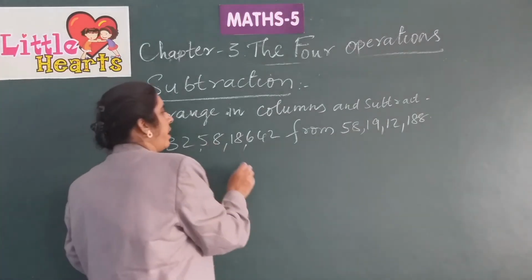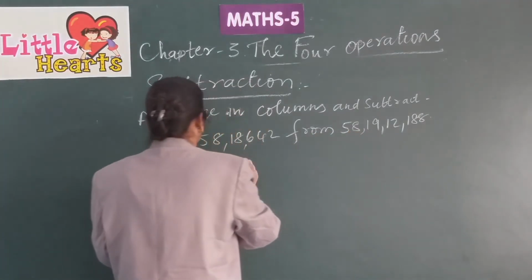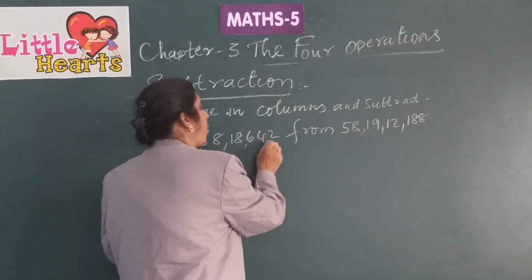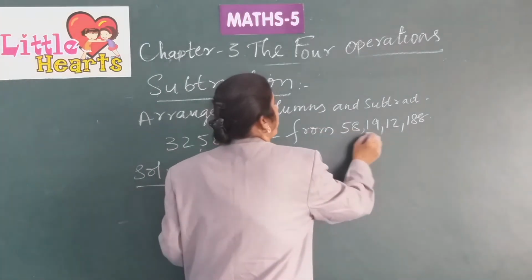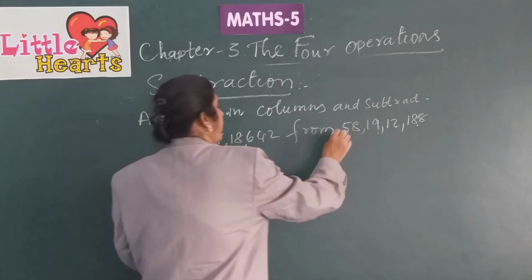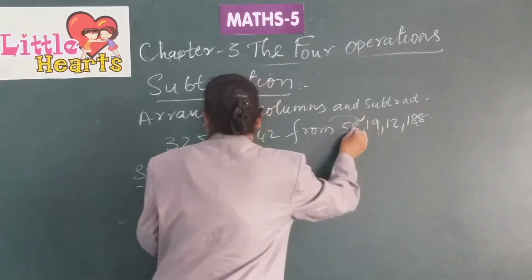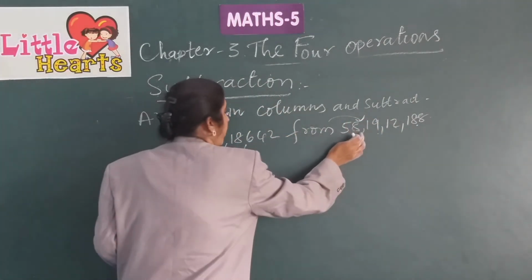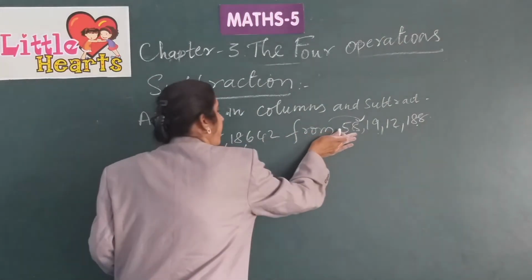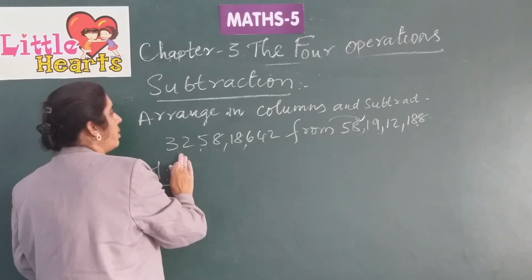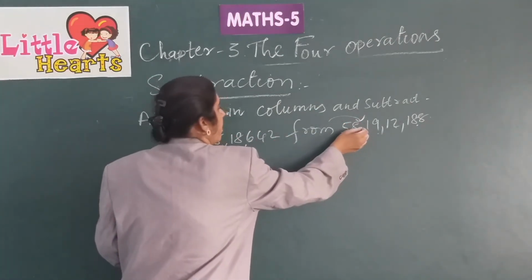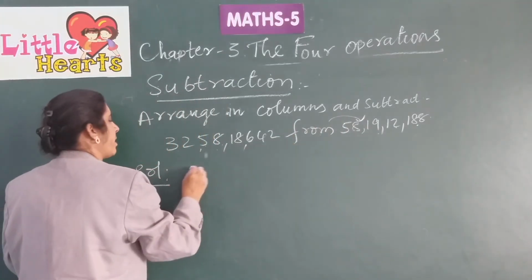Always you have to write the bigger number first, and subtract 32 crores 58 lakhs 18,642 from 58 crores 19 lakhs 12,108. Always you have to subtract from this number, and that number should be written first. Never write this number first. It is 58 crores and it is 32 crores, and we are asked to subtract this number from this number. So this should be written first.